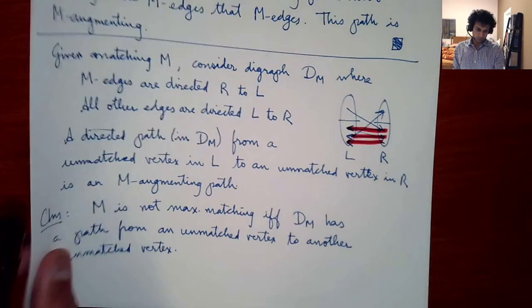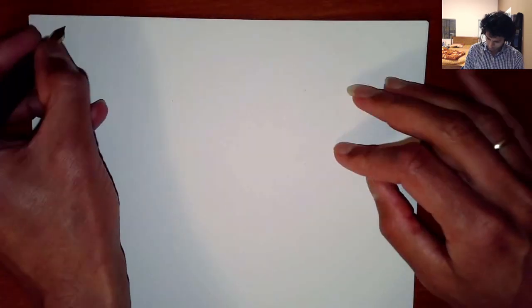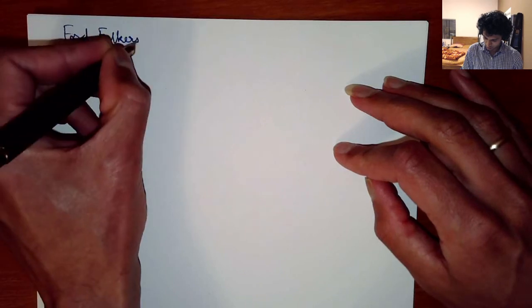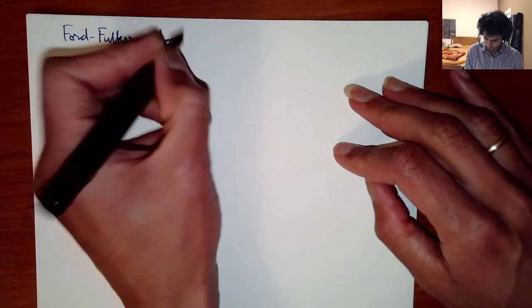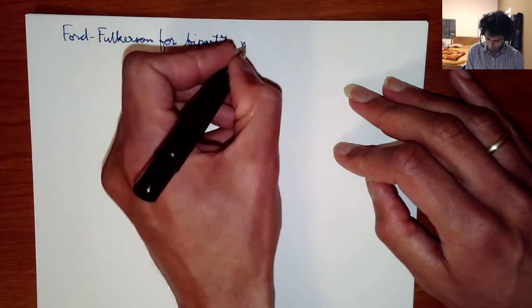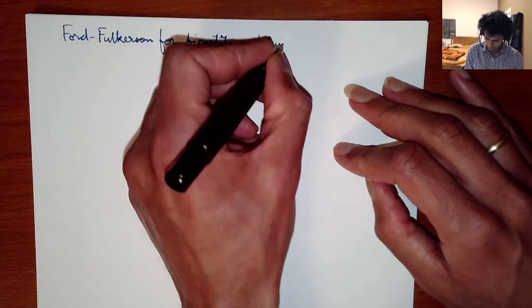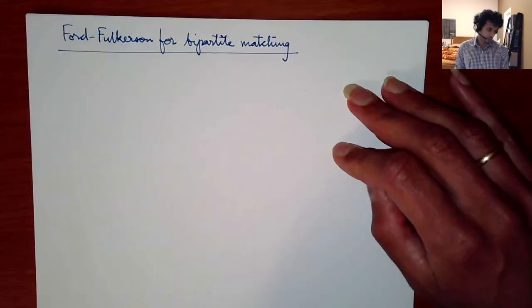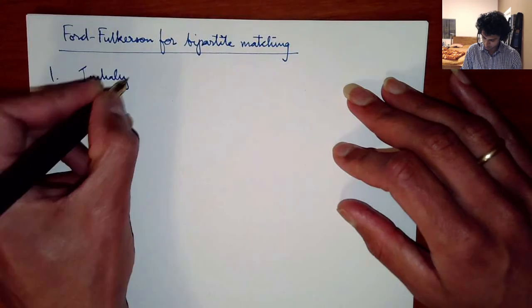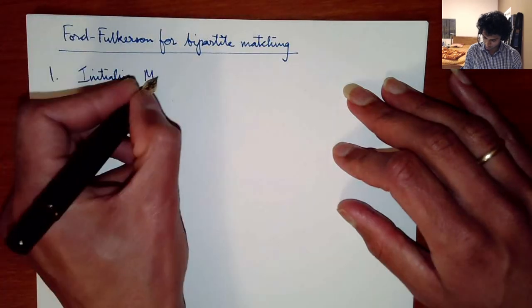And now I will just state the basic bipartite matching algorithm, or the Ford-Fulkerson for bipartite matching. So let's just initialize M being the null set.